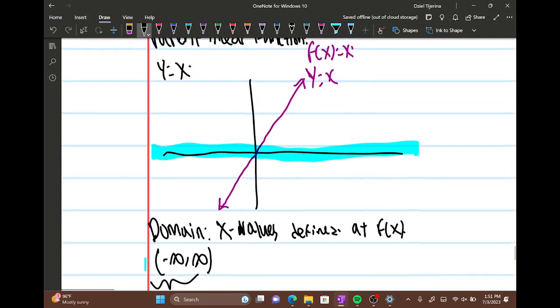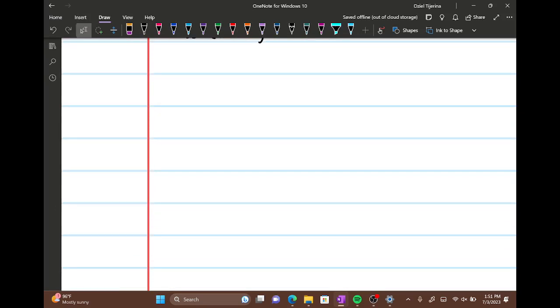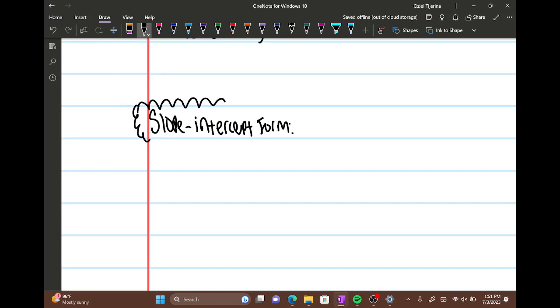Now, the other idea is, and this is where I'm going to define the form of an equation of a line. This is called the slope-intercept form. It's one of the forms of a line, and I want to make it very clear.